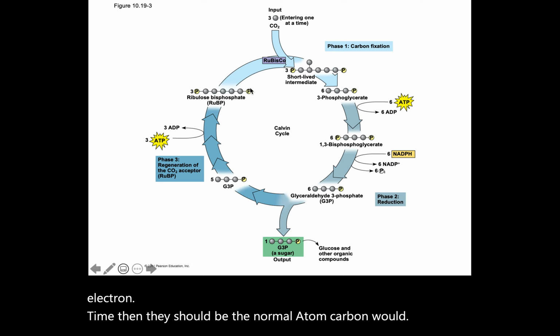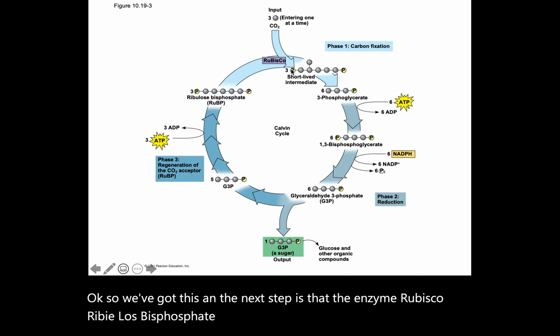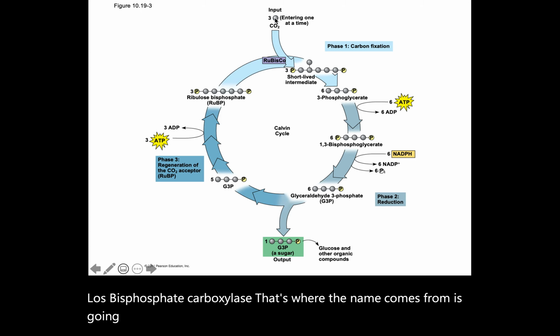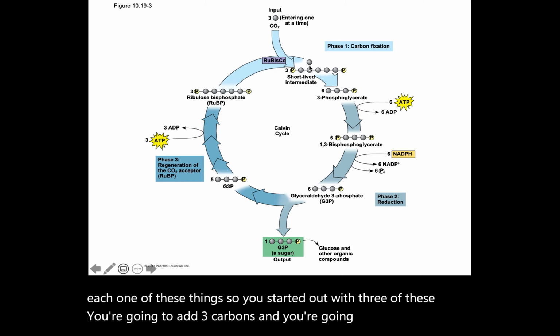Okay, so we've got this, and the next step is that the enzyme rubisco, ribulose bisphosphate carboxylase, that's where the name comes from, is going to fix 3 carbon molecules. You're going to fix 1 onto each one of these things. So you started out with 3 of these, you're going to add 3 carbons, and you're going to add them right here on the second position.